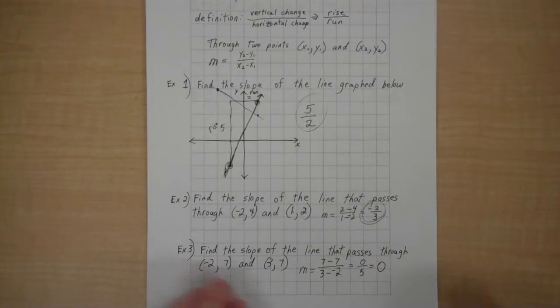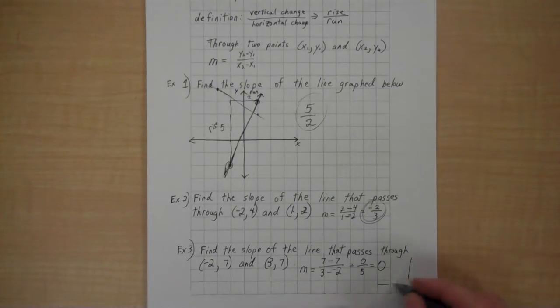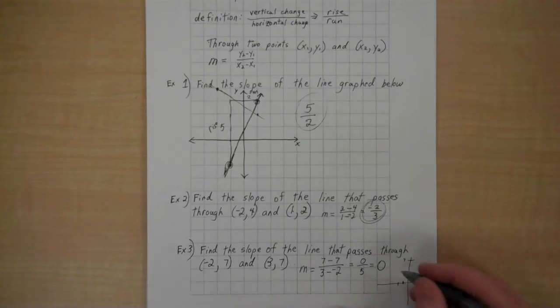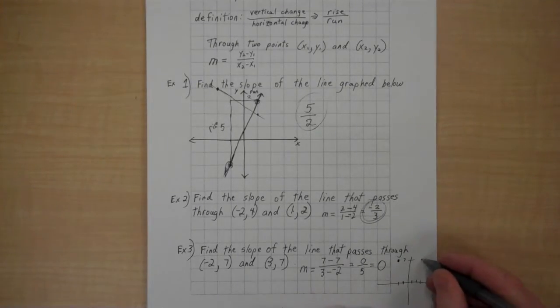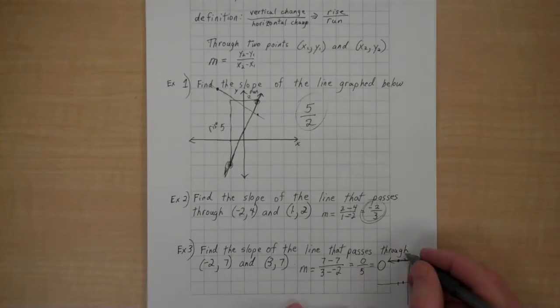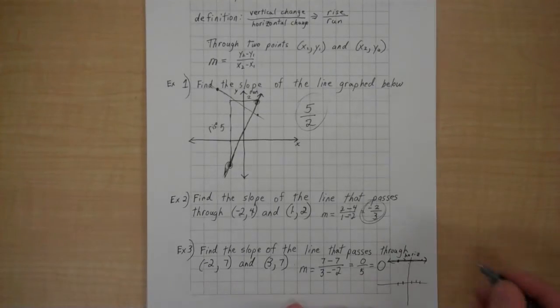That slope is 0. Now let's think for a moment. -2, let's put 7 right there. -2, 7, and 3, 7 is right here. So we're talking about this line right here, and that 0 slope goes with a horizontal line.